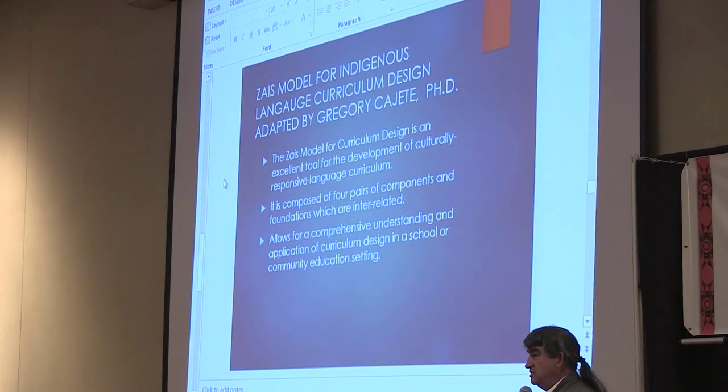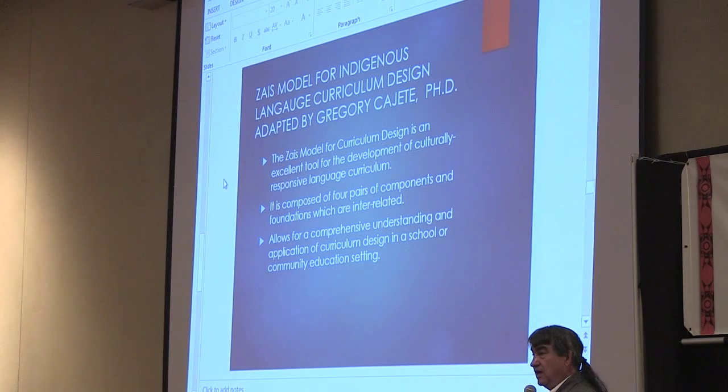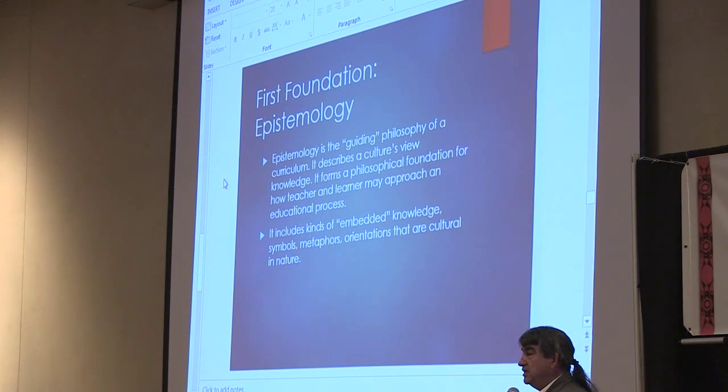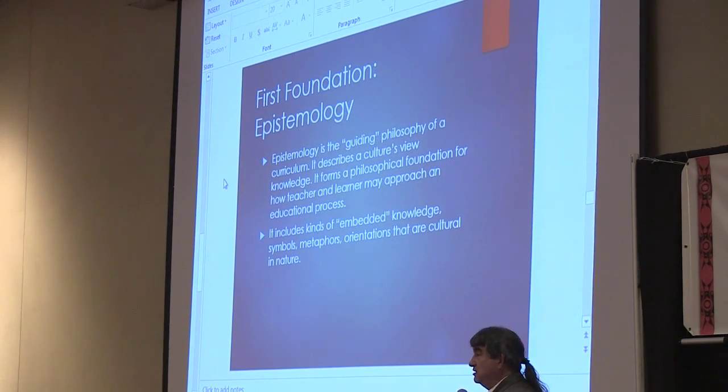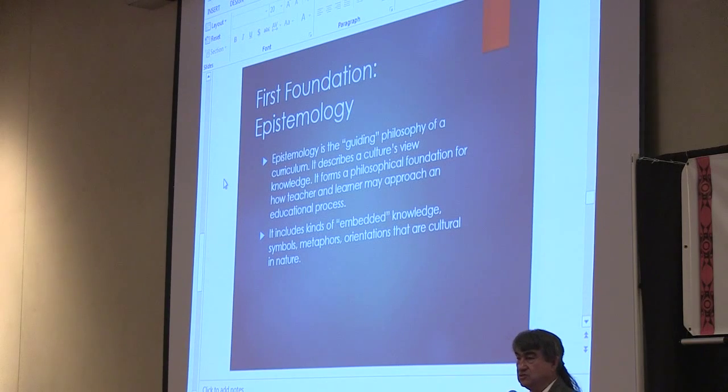It's a very easy model to learn. What I really like about it is that as you discuss the different parts of the model, it really engages you as a community, as a planning group, in deep questions about what you're doing and how you're doing it with regard to the language instruction.